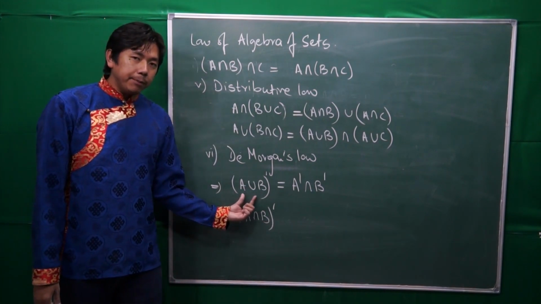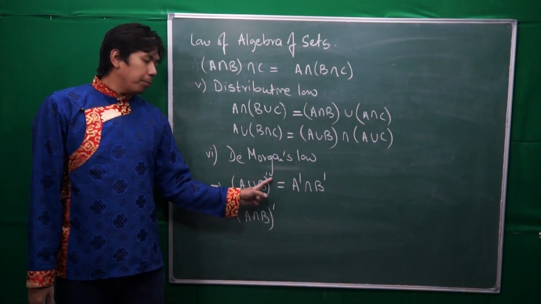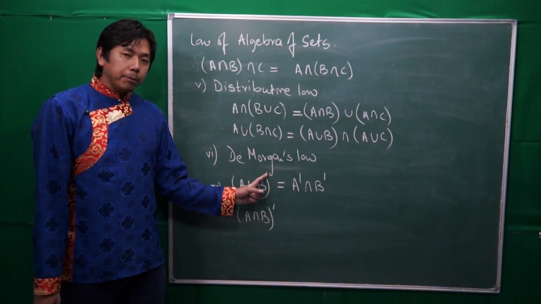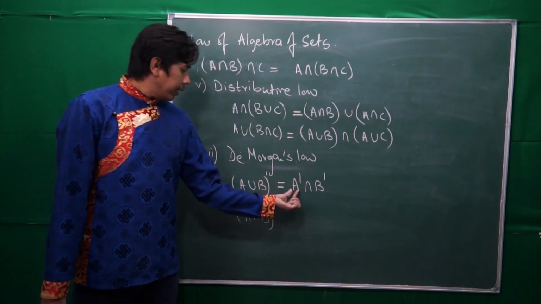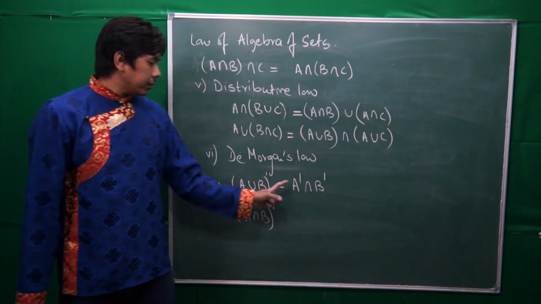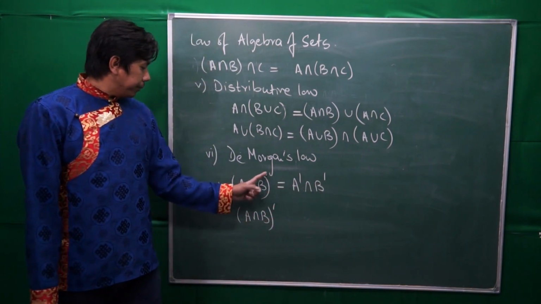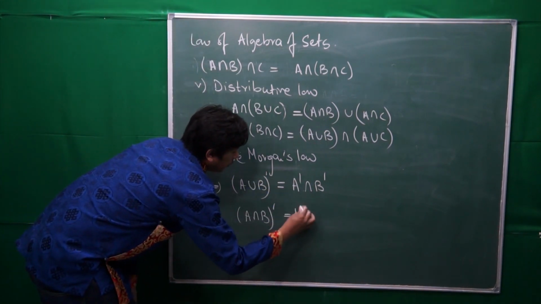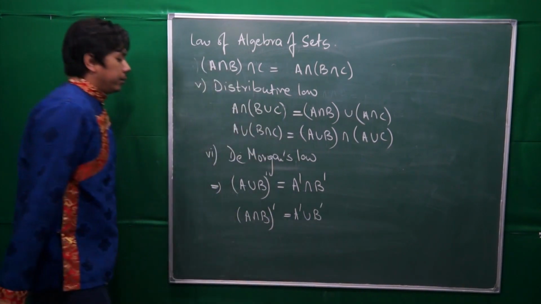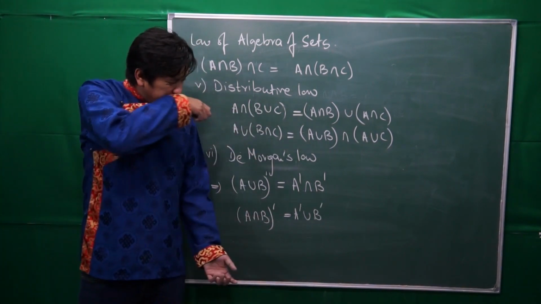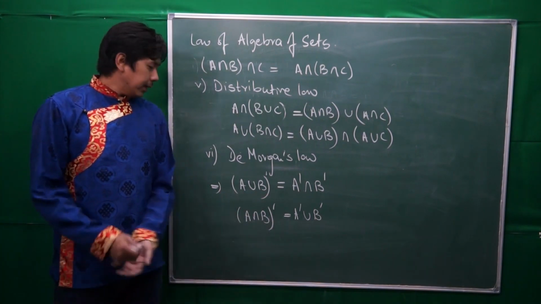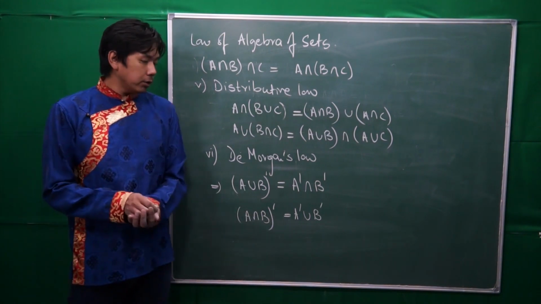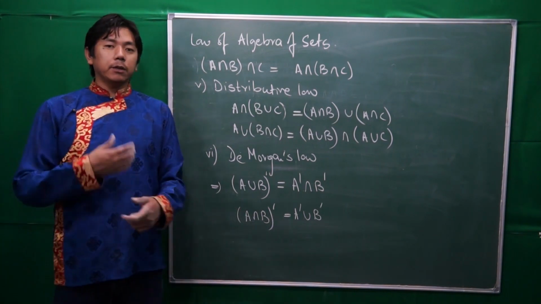First you are finding the union of A and B, and then you are operating a complement on the whole operation. So after union, a complement. Now this is equal to A complement intersection B complement. The union turns into intersection and the complement is distributed to A and B. Same thing in intersection, we have A complement union B complement. This De Morgan's law is a very familiar law for computer science students. So this is what De Morgan's law is, which is quite helpful in certain proofs.